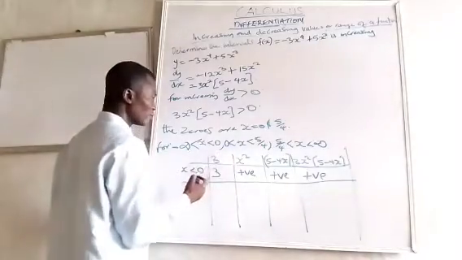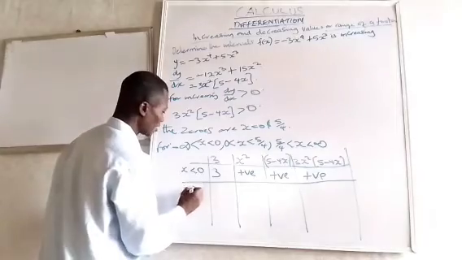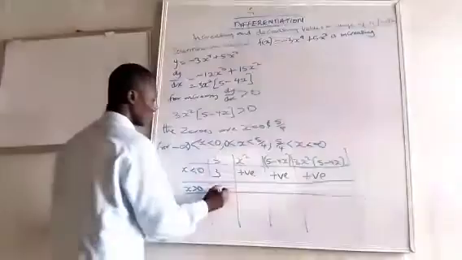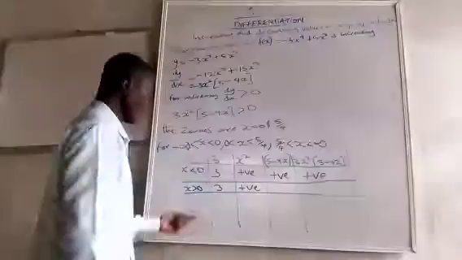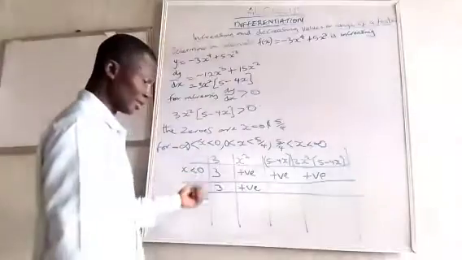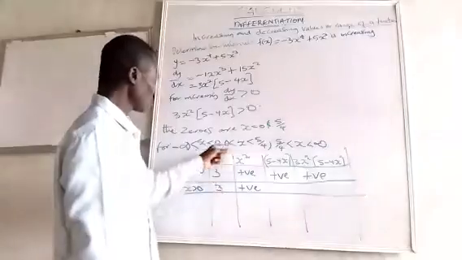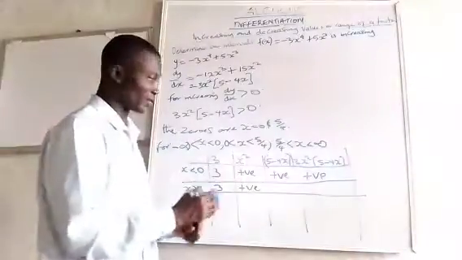Let's check for x greater than 0. When x is greater than 0, this place will be positive. But sorry, when x is now greater than 0 but less than 5 over 4, we have to be very sure of that.